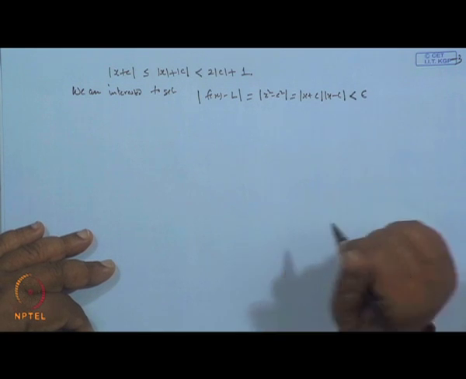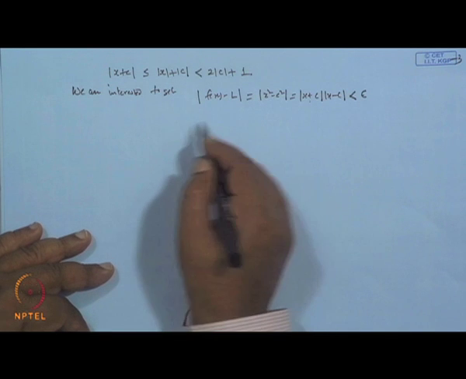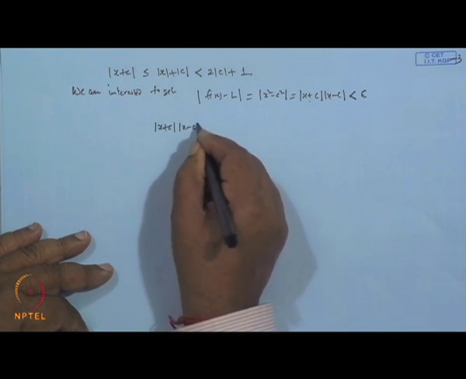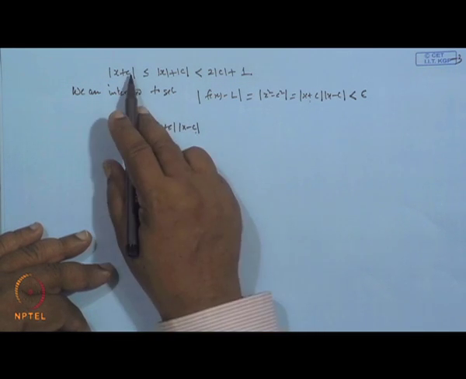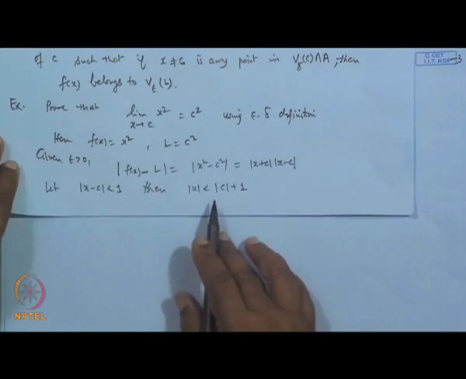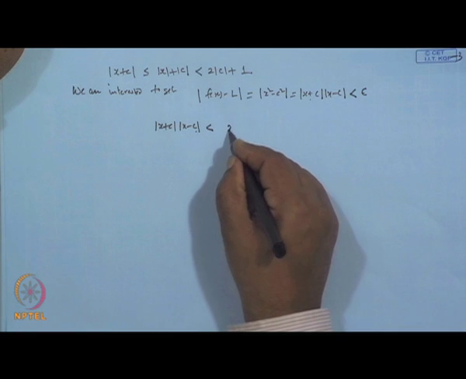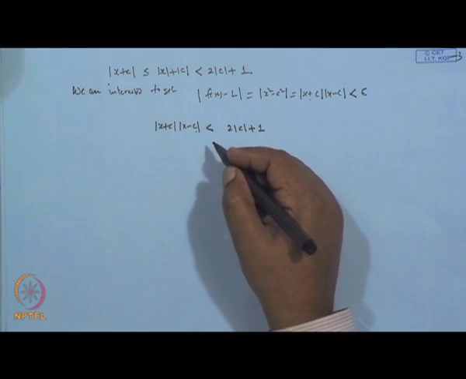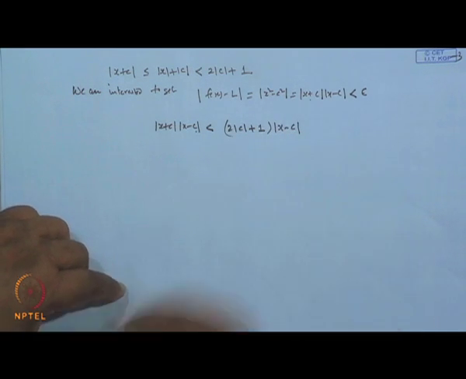Now, the bound for x plus c is already obtained. When mod x minus c is less than 1, the bound for mod x is obtained from here. So, we get this is less than 2 times (mod c plus 1) into mod x minus c.